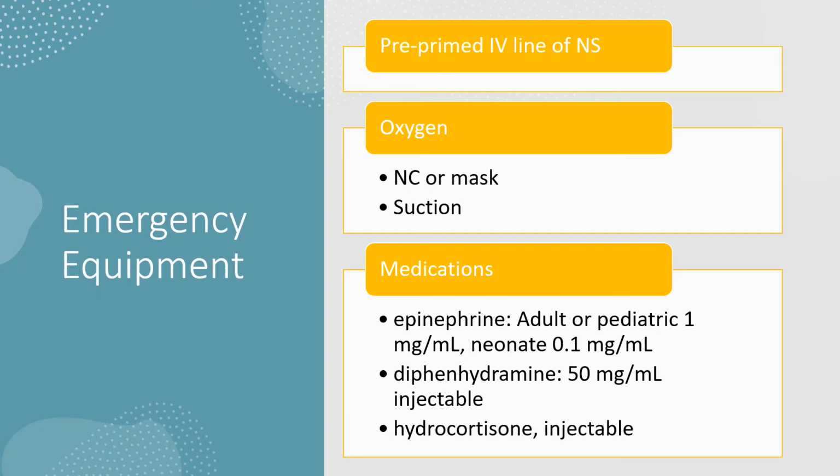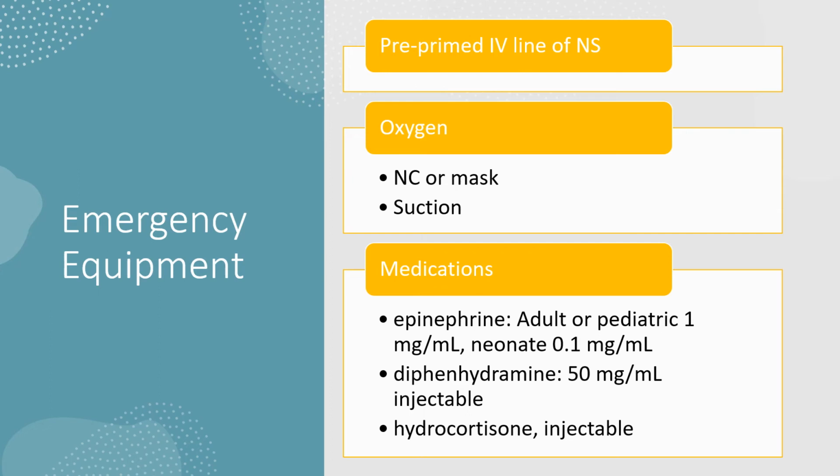So when you transfuse, it is important to have certain things ready. That's called emergency equipment. First and foremost, you need to know where the crash cart is. Have an oxygen tube or mask close by, and you have a suction, and make sure you have a normal saline line primed, because if the patient shows any sign of reaction, you need to start normal saline.